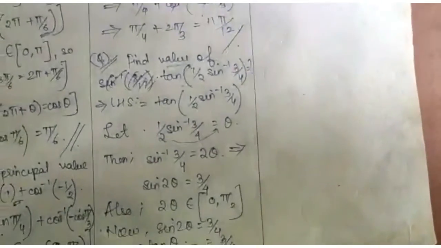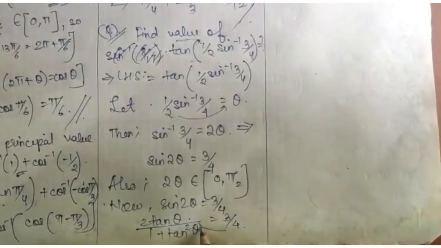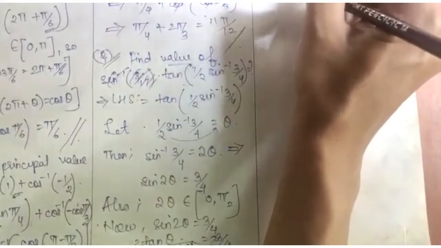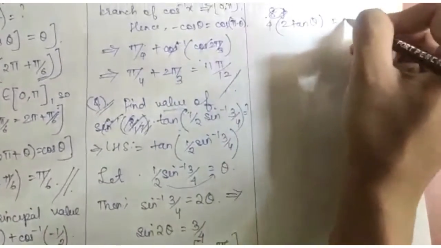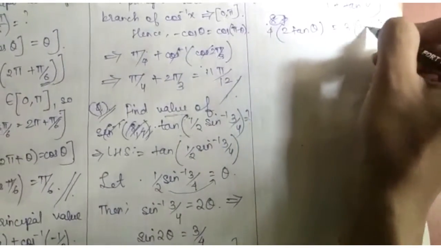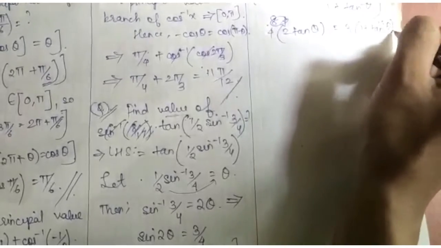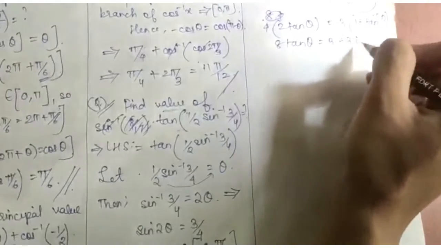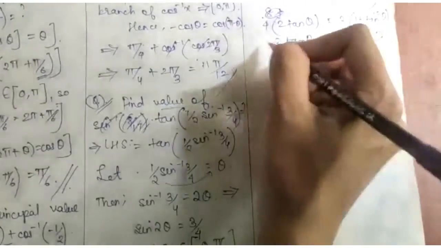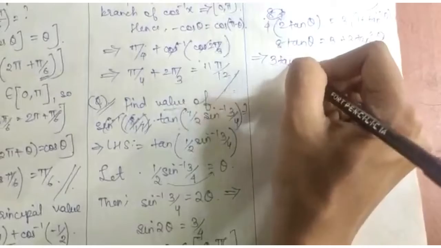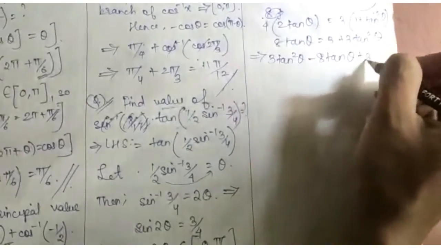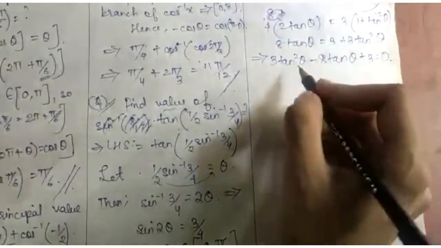So by cross multiplying, we get 4 into 2 tan theta is equal to 3 into 1 plus tan square theta, that is 8 tan theta is equal to 3 plus 3 tan square theta. If we rearrange the terms, this forms a quadratic equation.